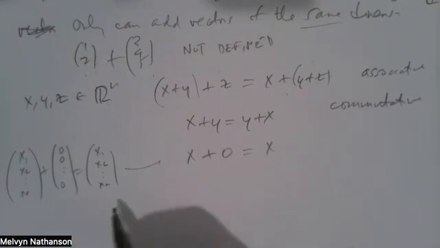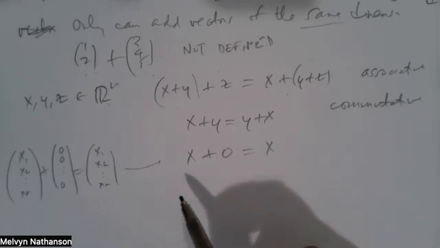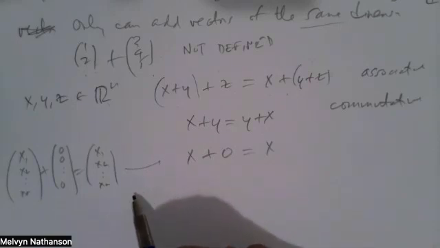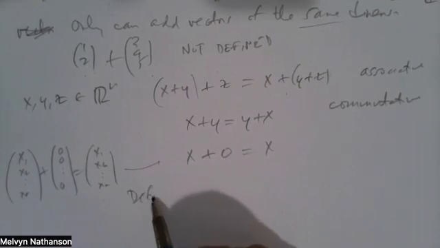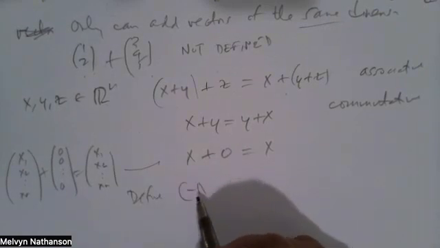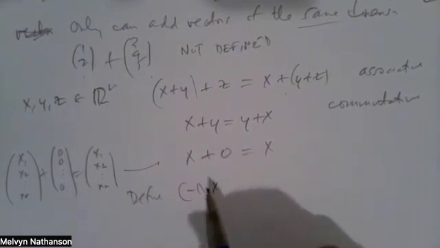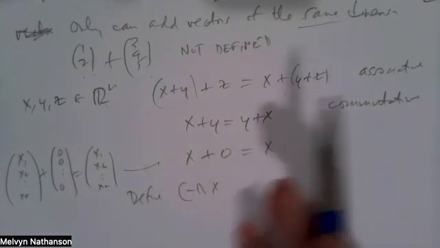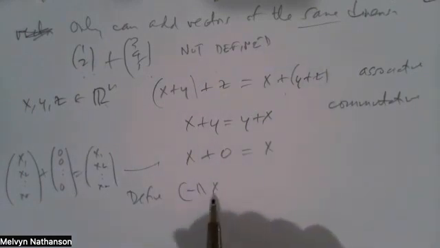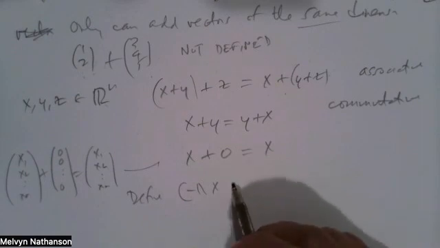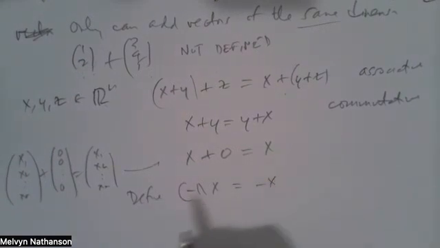And if you define -1, that's a scalar times x, it is just the vector you get by multiplying every coordinate by -1. We just call that minus x.